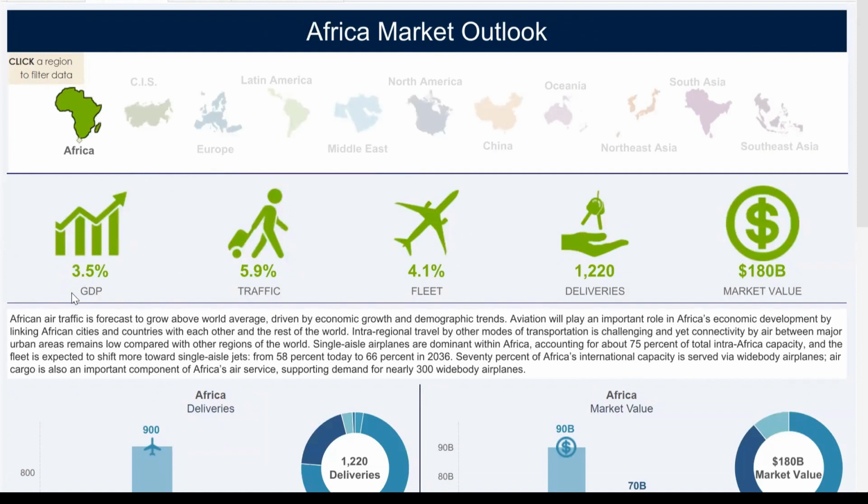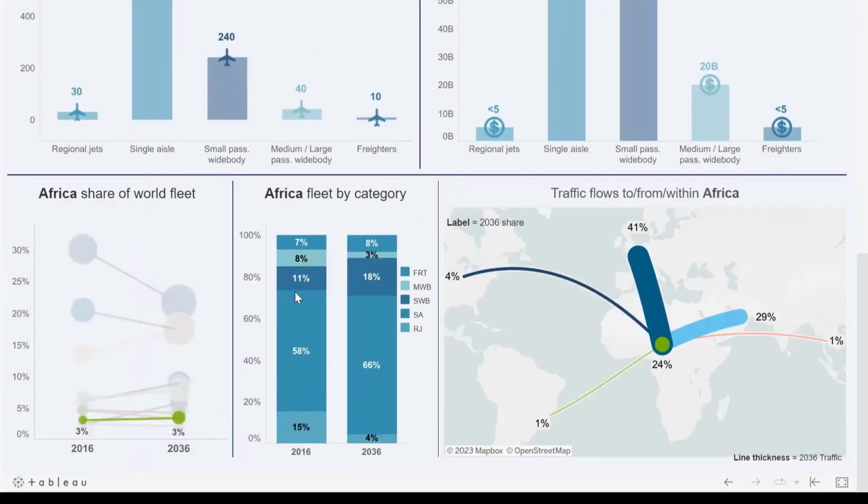We have Africa. The GDP is 3.5%, and the market value is 180 billion for the company. And the traffic is 5.5% with 1220 deliveries. We have Africa fleet by category. These are the categories of the planes by the company.